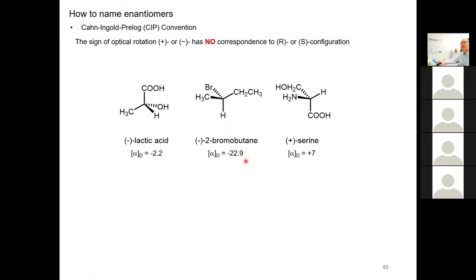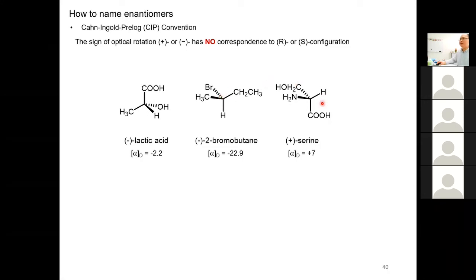This plus or minus is based on the observed optical rotations, but all these have different R/S. You can check at home. So this one is S.